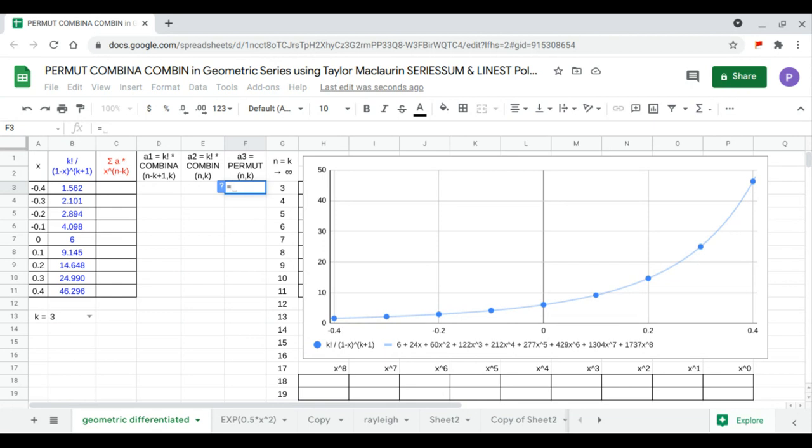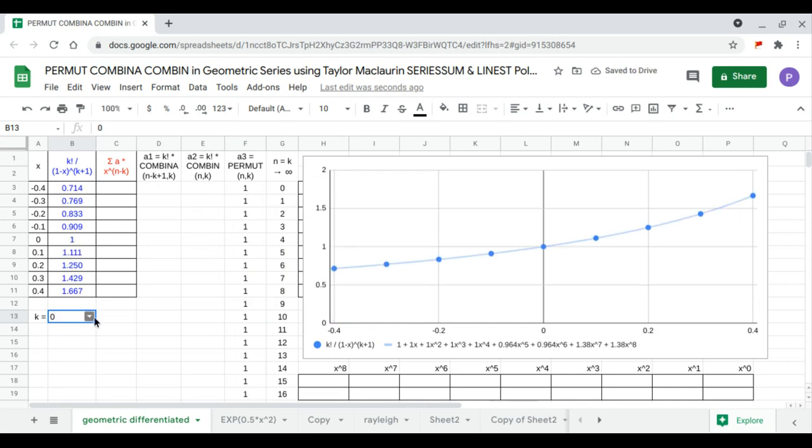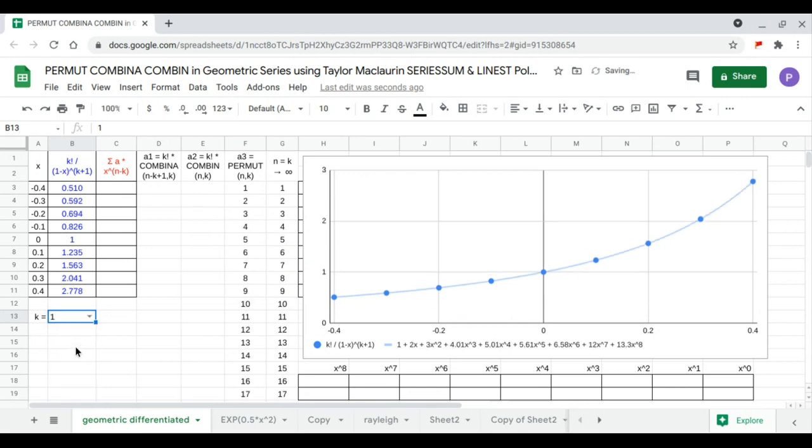coefficients. So permute A3. That's our formula, permute n comma k. So at n equals 0, n equals 1, that's 1, 2, 3, 4, 5, 6.